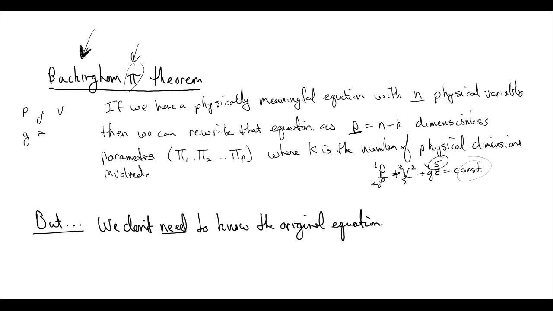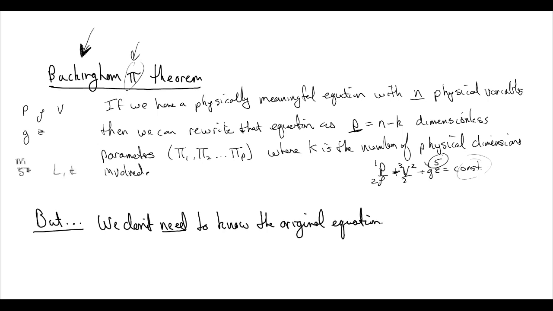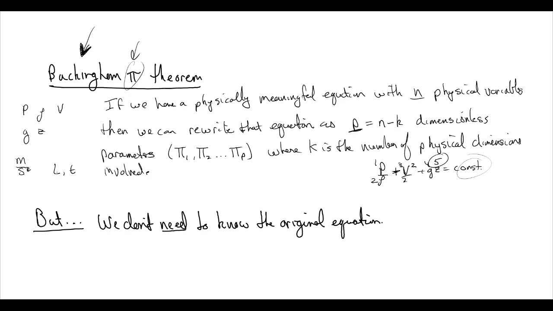V is distance per time, length per time, so we have length and time already. Density is mass per length cubed, so let's add mass here. And pressure is pascals, which is newtons per meter squared, which is a kilogram meter per second squared per meter squared, which gives us mass, length, and time, which we already have. So we have 3 physical dimensions.